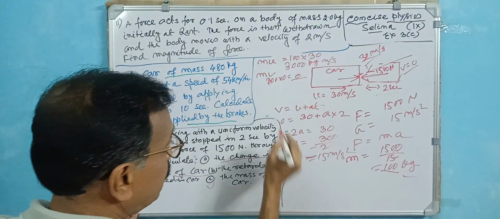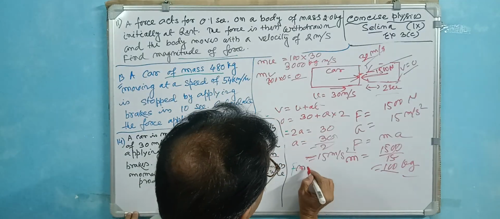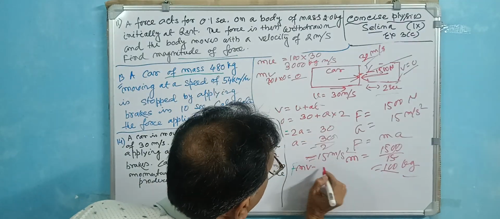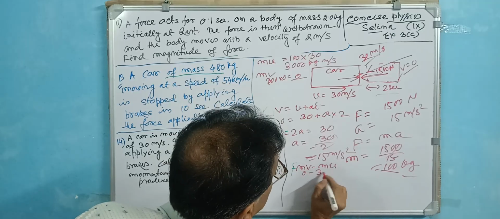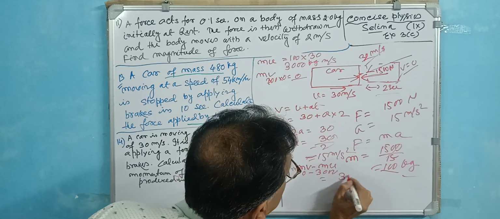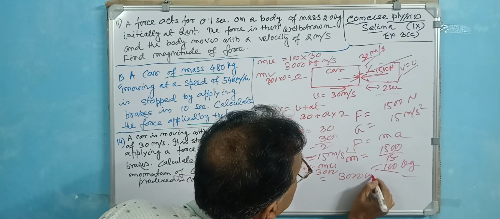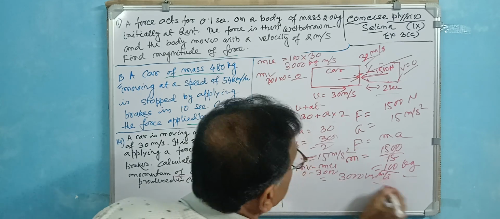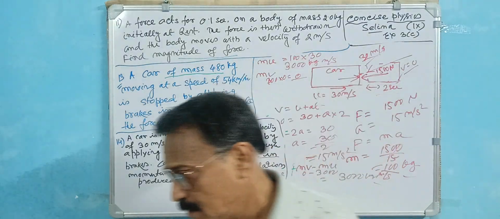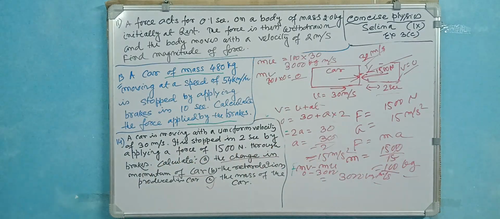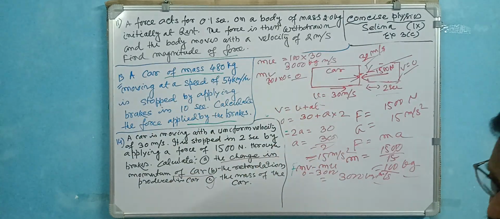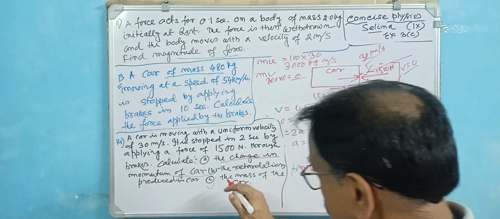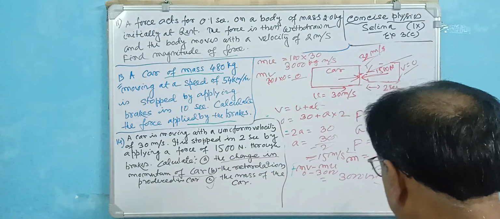What is the change in momentum? So change in momentum means mv minus mu, that is 0 minus this. So 3000 kg meter per second is negative, means it has stopped. So the momentum change is 3000 kg meter per second, the change in momentum in the car.